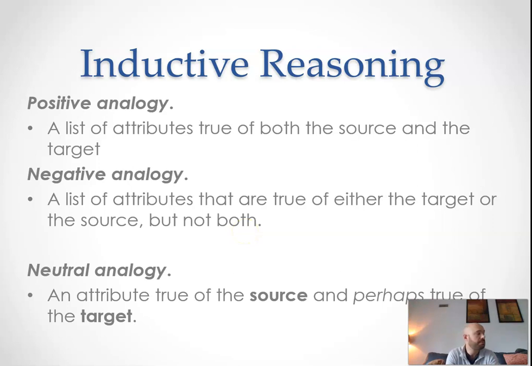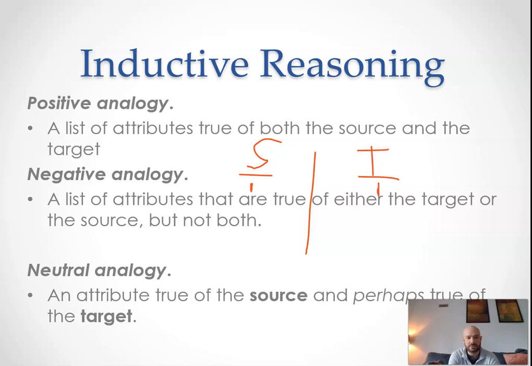So now I will introduce you to some terminological distinctions. There are positive, negative, and neutral analogies. Consider our source and our target, and remember, the source is the thing that we know all the information about. The target's the one we're making a prediction about. A positive analogy would be to say that the source has attribute 1, say being 5 foot tall, and so does the target.